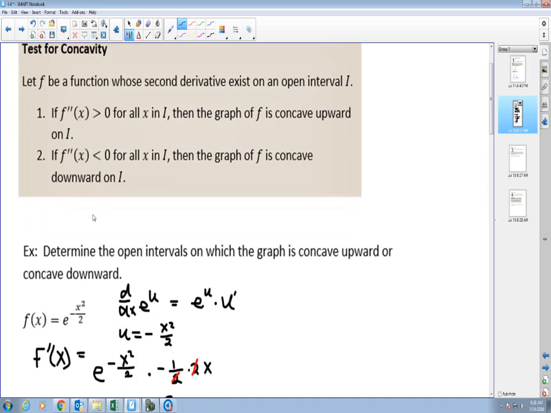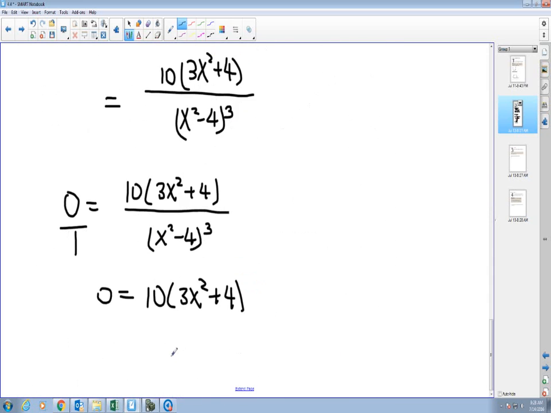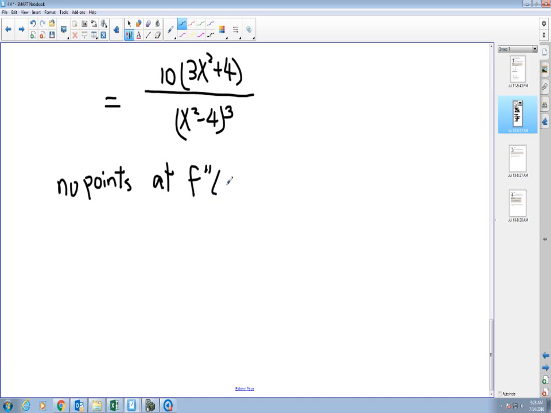So no points. I'm going to go ahead and erase this. It turns out there are no points where f double prime of x is equal to 0.